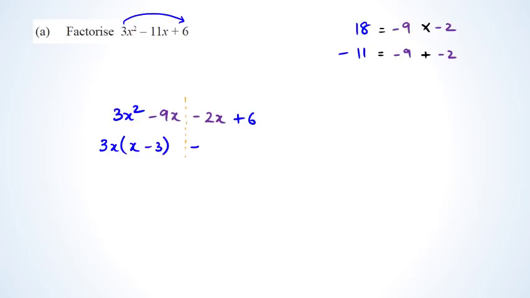That's going to be minus 2. If I take out minus 2, I'm going to get x − 3. Now I can see that x − 3 and x − 3 are common factors, so I can take out x − 3 as a common factor and see what's remaining, which would be 3x − 2.